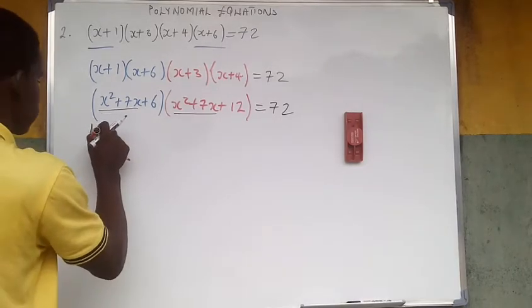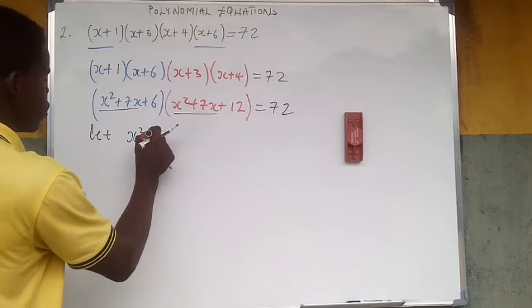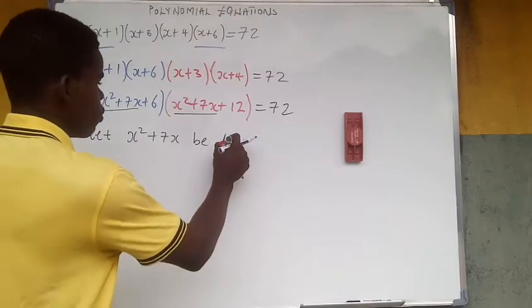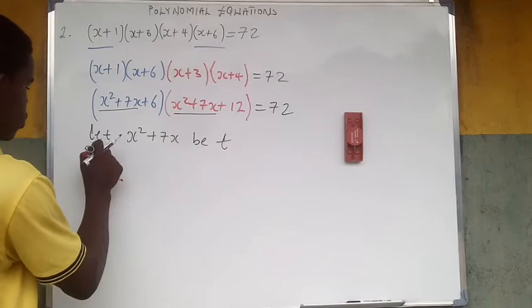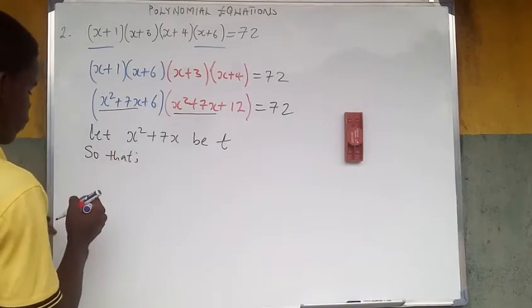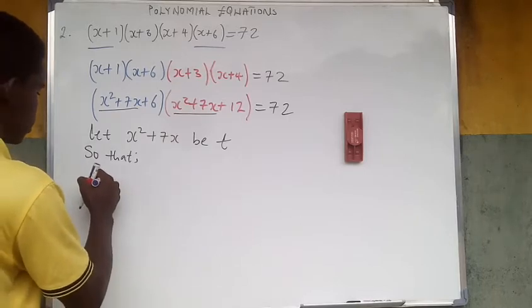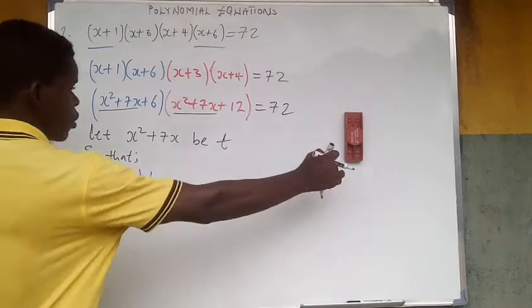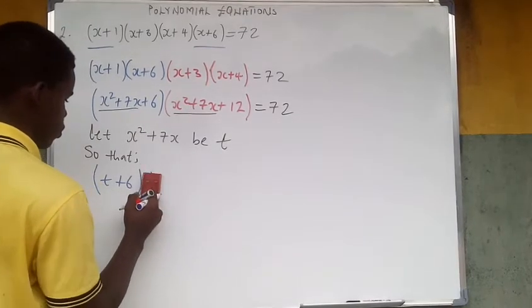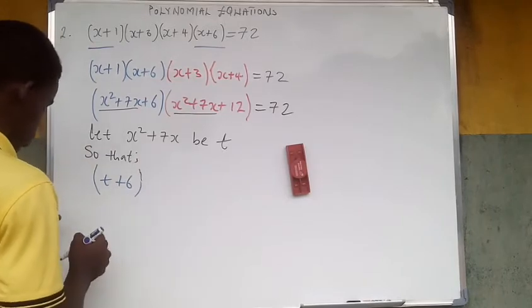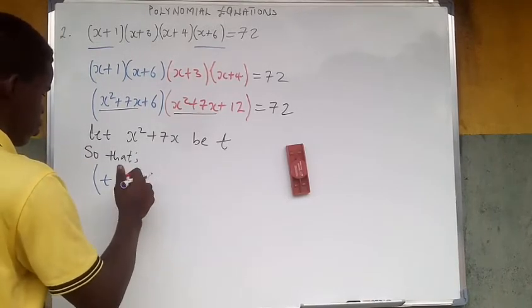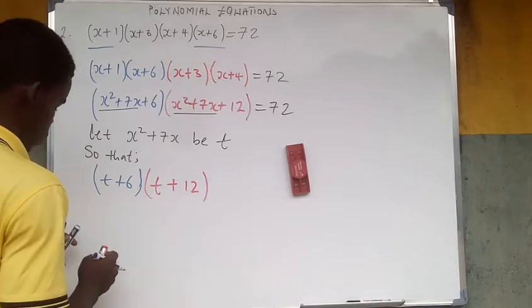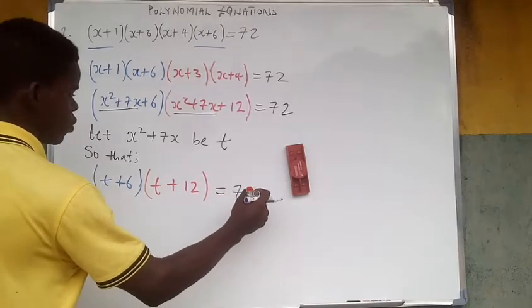So I say let x squared plus 7x be, let's make it t, so that we have t plus 6 times t plus 12 equal to what? 72.